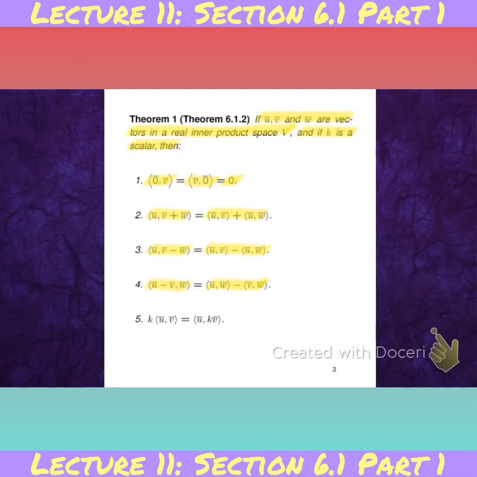And then lastly, if you take a scalar and you multiply it with an inner product between vectors u and v, that's the same as taking the inner product of u with the scalar multiple of v, where the scalar is k.